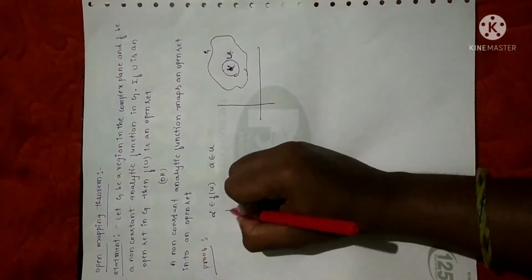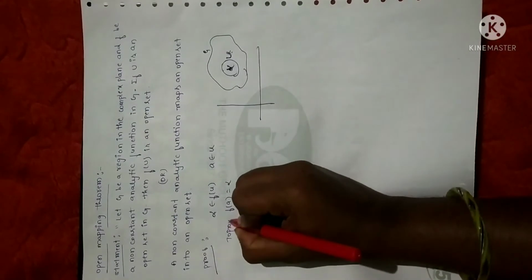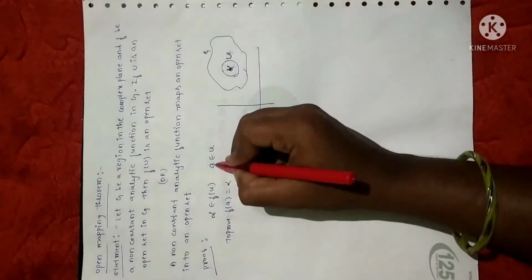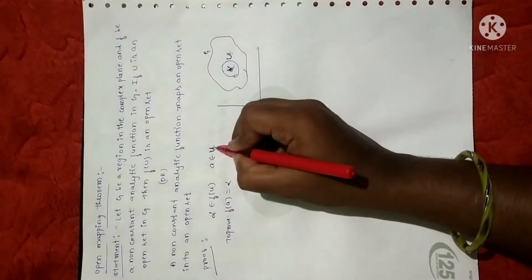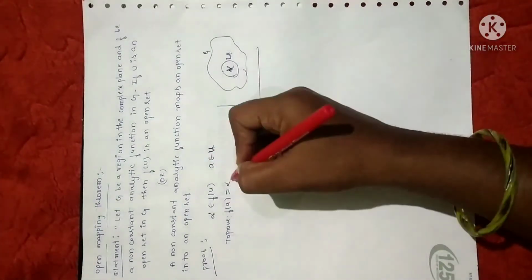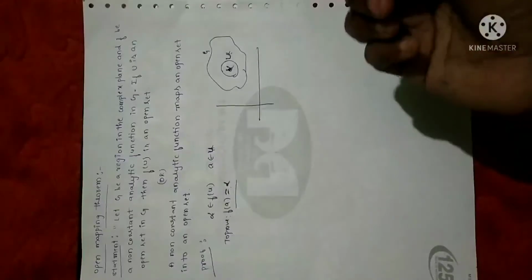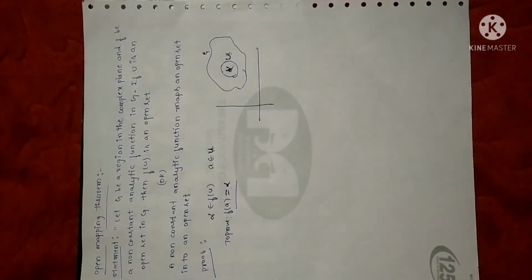Now we have to prove that f of a will be equal to alpha. To prove that f of a is equal to alpha, as a is an element of open set U, every element in open sets maps into an open set. So this is the meaning. We have to prove that f of a is equal to alpha. Fine.